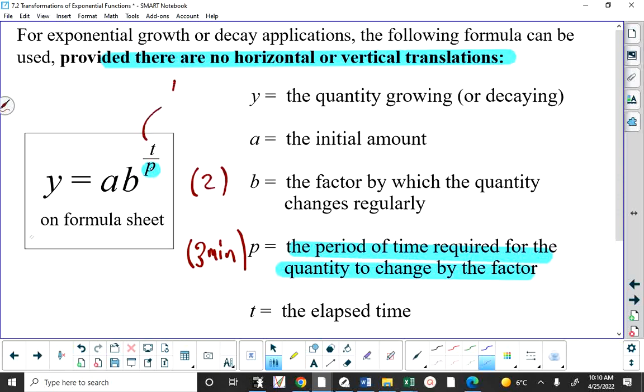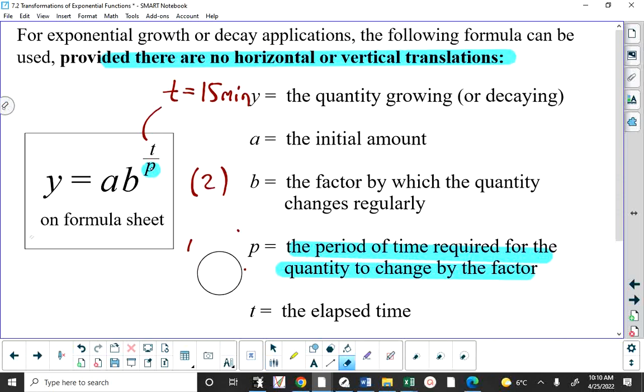If I told you the time was 15 minutes, think about this. If I wait 15 minutes and it's doubling every 3 minutes, how many times does it double? 5, right? And you can get 5 by taking t, which is 15, divided by p, which is 3. That's why we have t over p now.